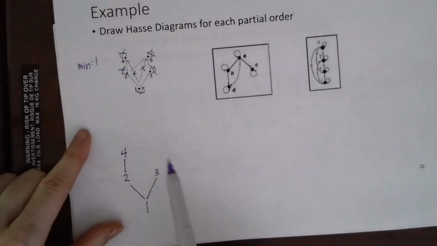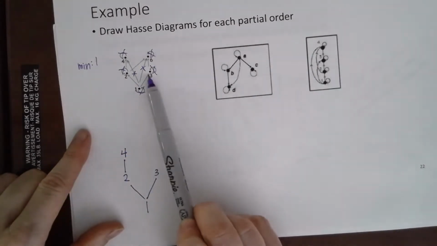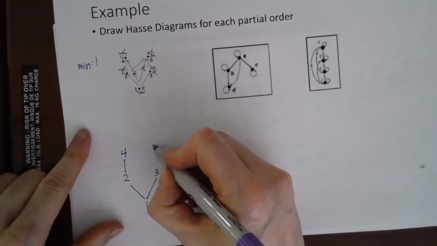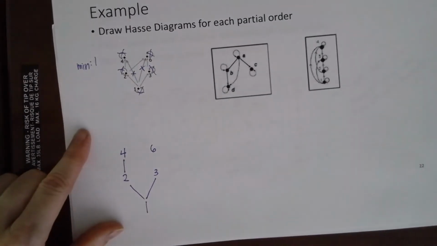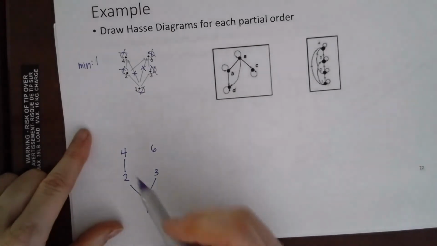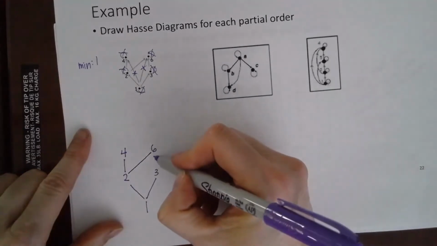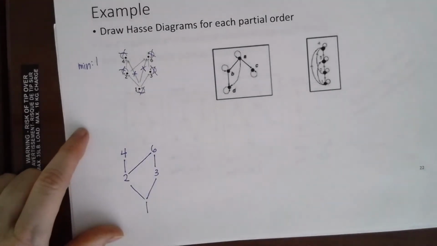And then when I put 6 in the diagram, that's going to have to go higher than 3, and it'll also have to be higher than 2. But I can put it on the same level as 4 because it's not comparable to 4 at all. So I need that relationship from 2 to 6, and I need the one from 3 to 6.